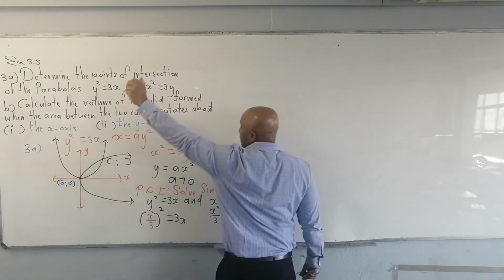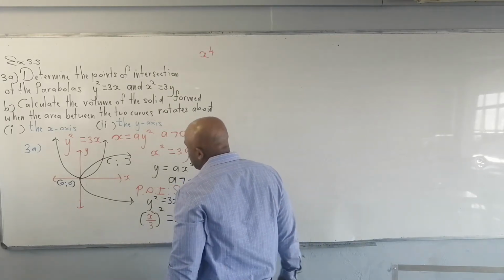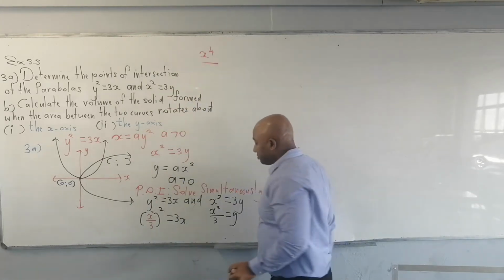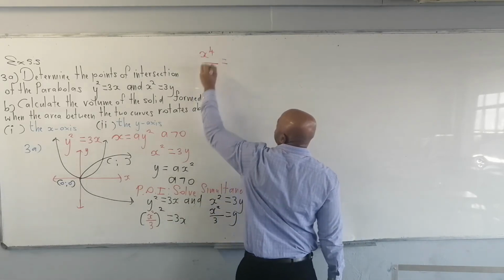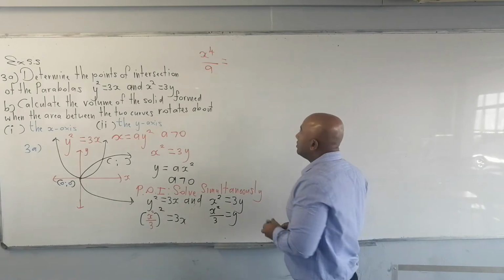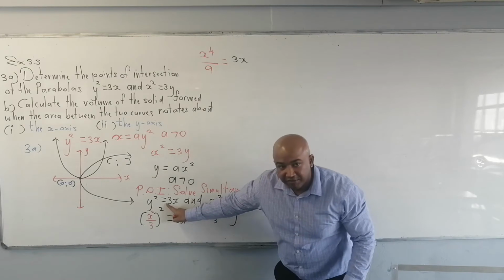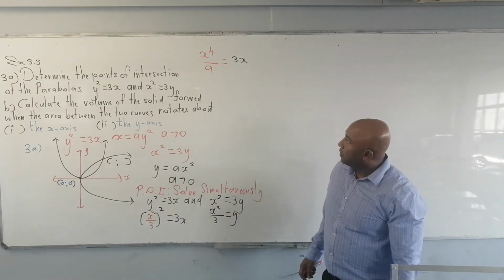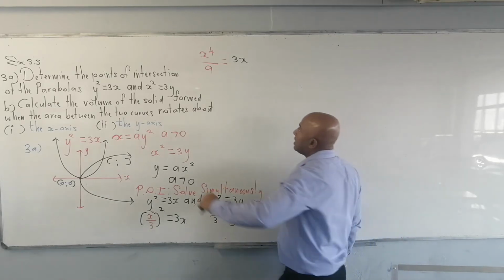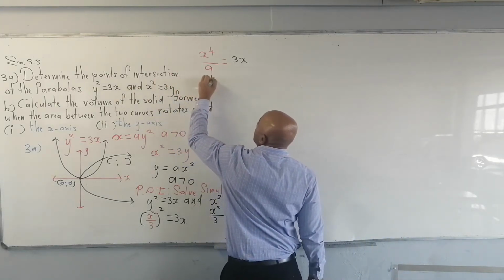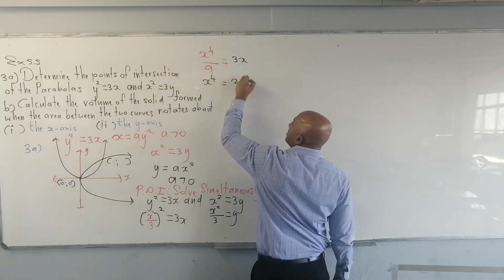So when I square the left-hand side, I'm going to get x to the power 4 and 3 squared is 9, is equal to 3x. Now, if I multiply by 9 on both sides, I will have x to the power 4 is equal to 3x times 9, which is 27x.